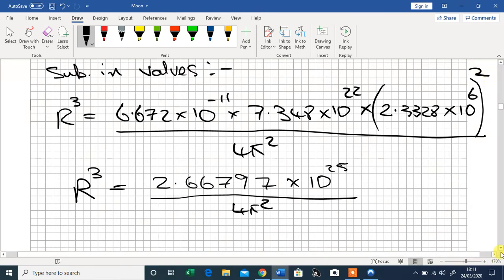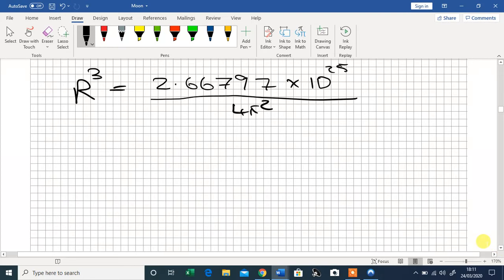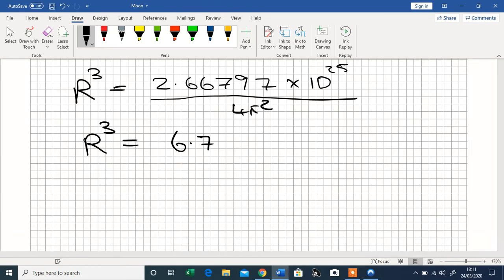Right, so we'll just scroll up a little bit, and we'll divide that out by 4 pi squared, and I get, do check my figures because I do make mistakes, so r cubed is equal to 6.75804, 6 significant figures again, times 10 to the 23.